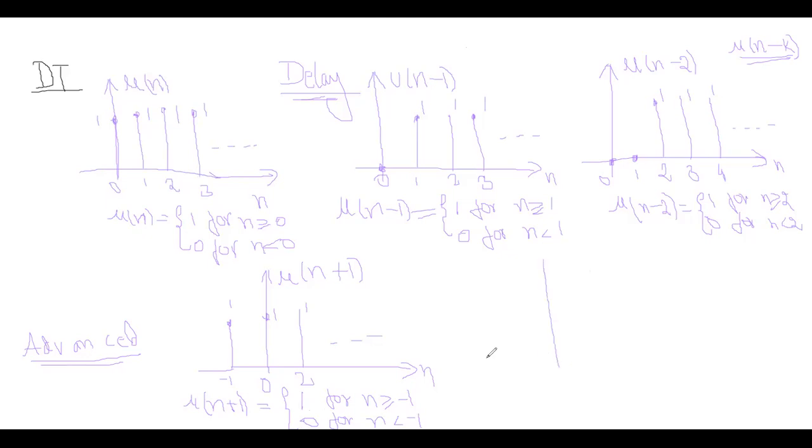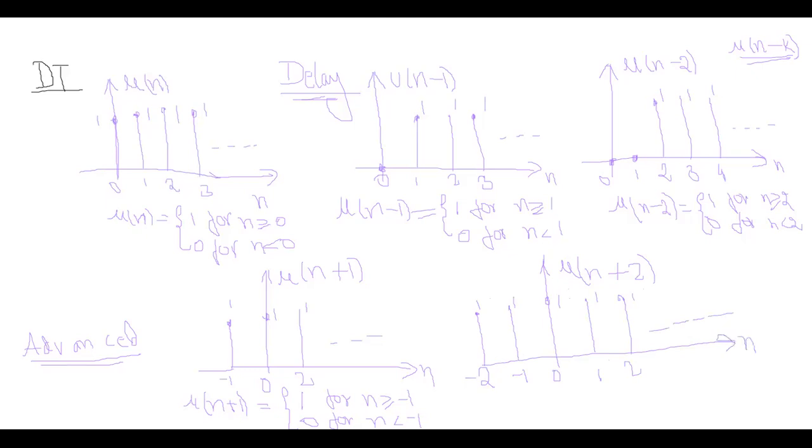Similarly, if I take another advanced signal with 2 samples, mu of n plus 2. Now it starts from minus 2. At minus 2 is a 1, minus 1 is a 1, and 0 is a 1, and 1 is a 1, and 2 is also 1, and so on.